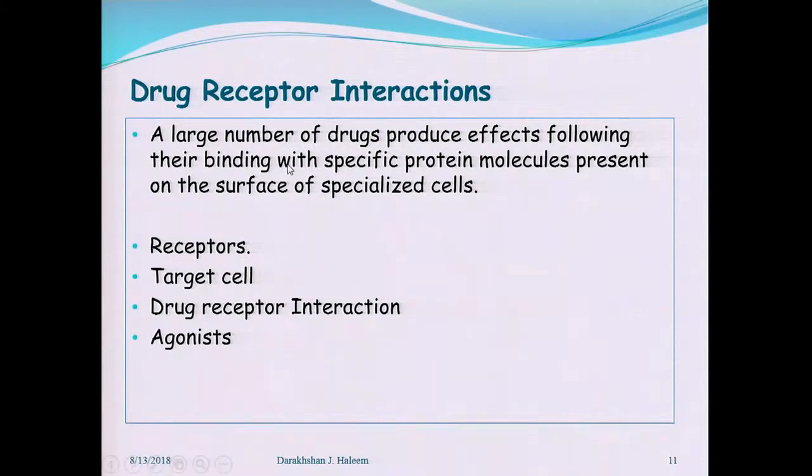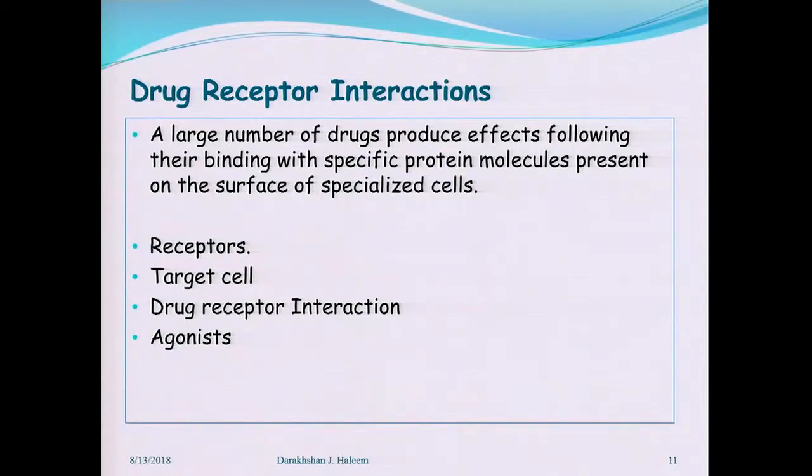Agonists. Agonists mimic the action of endogenous compounds. They are drugs which act in the same way as the endogenous compound. They bind with the receptor sites and produce a response similar to the endogenous compound.